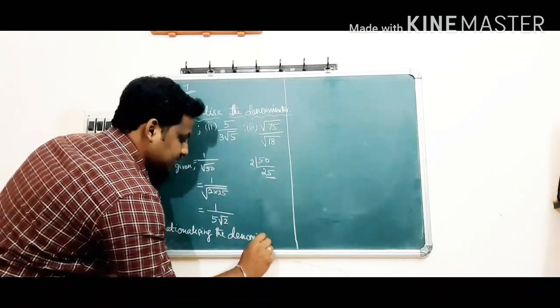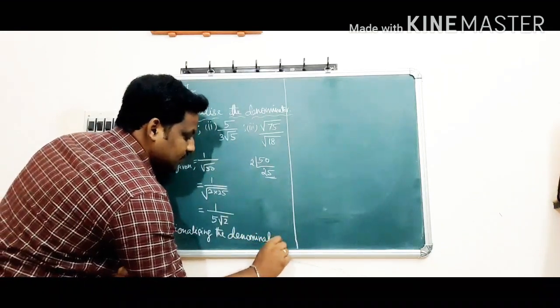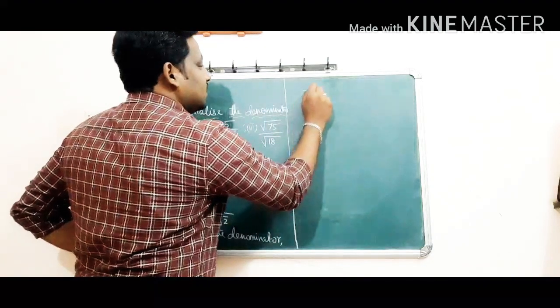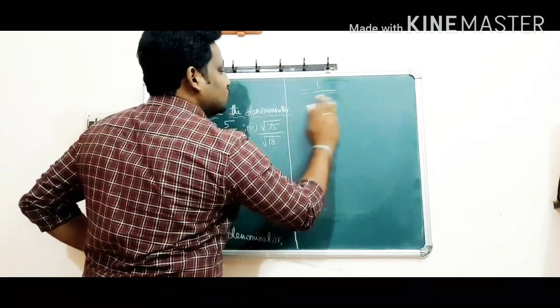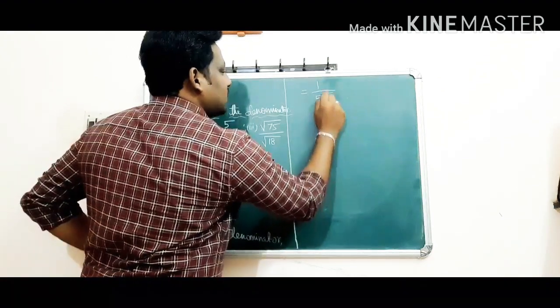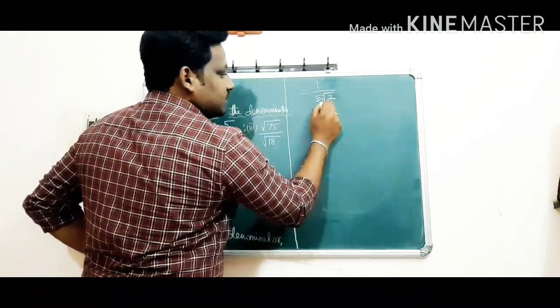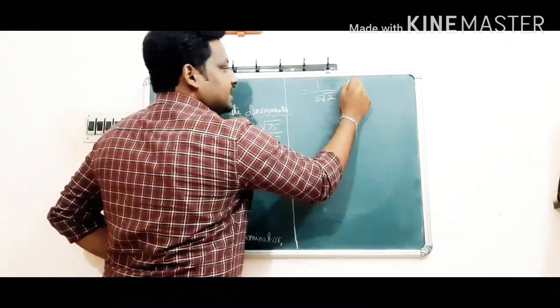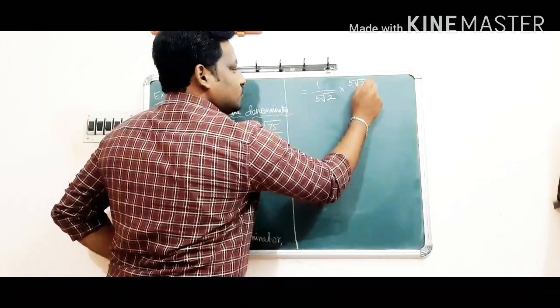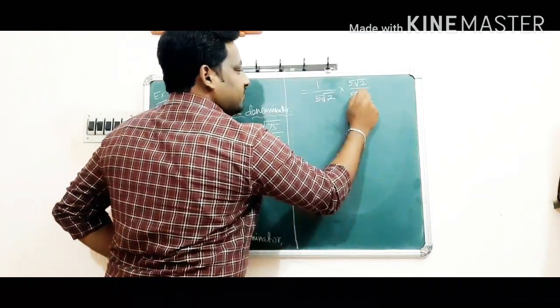Rationalizing the denominator, that is 1 divided by 5 root 2. So what is given in the denominator? 5 root 2. So you have to multiply by 5 root 2 divided by 5 root 2.